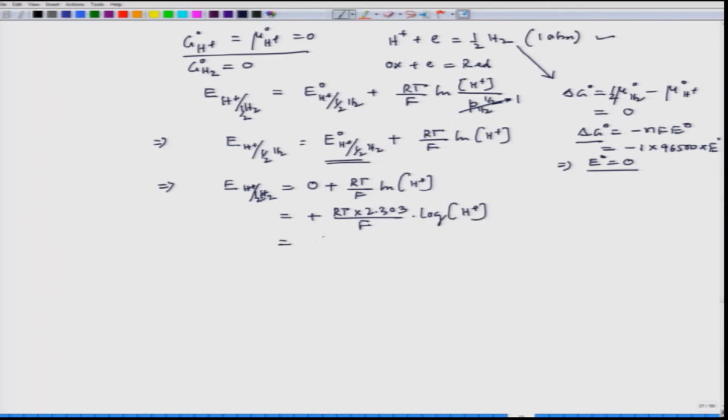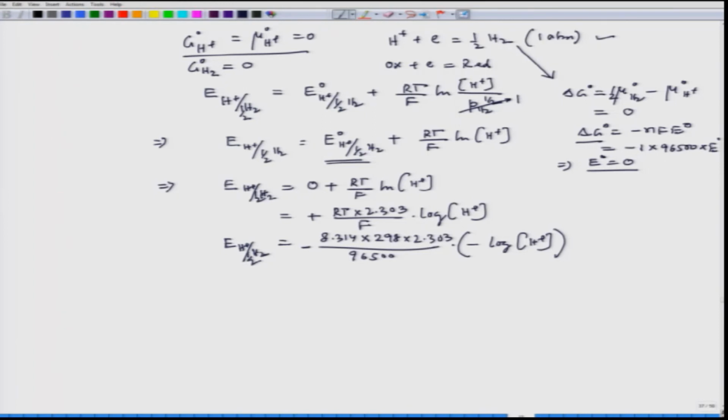I can write 8.314, 298 Kelvin, 2.303, and 96500. I am taking minus here in the bracket, so I am taking another minus, and if you remove the bracket it would become plus. So E H+/half H2 equals this.